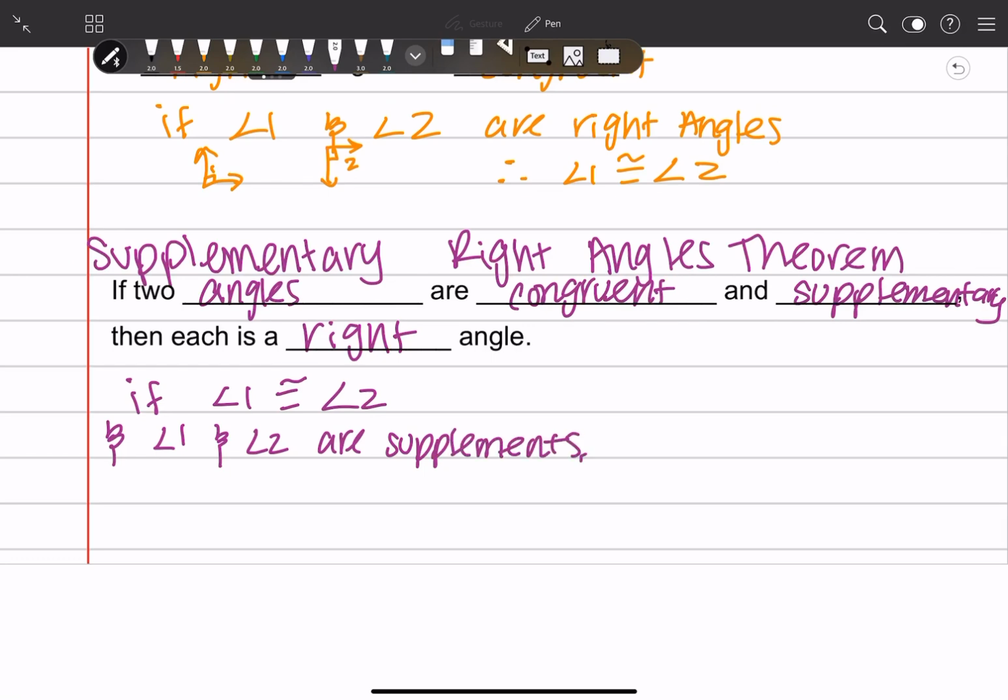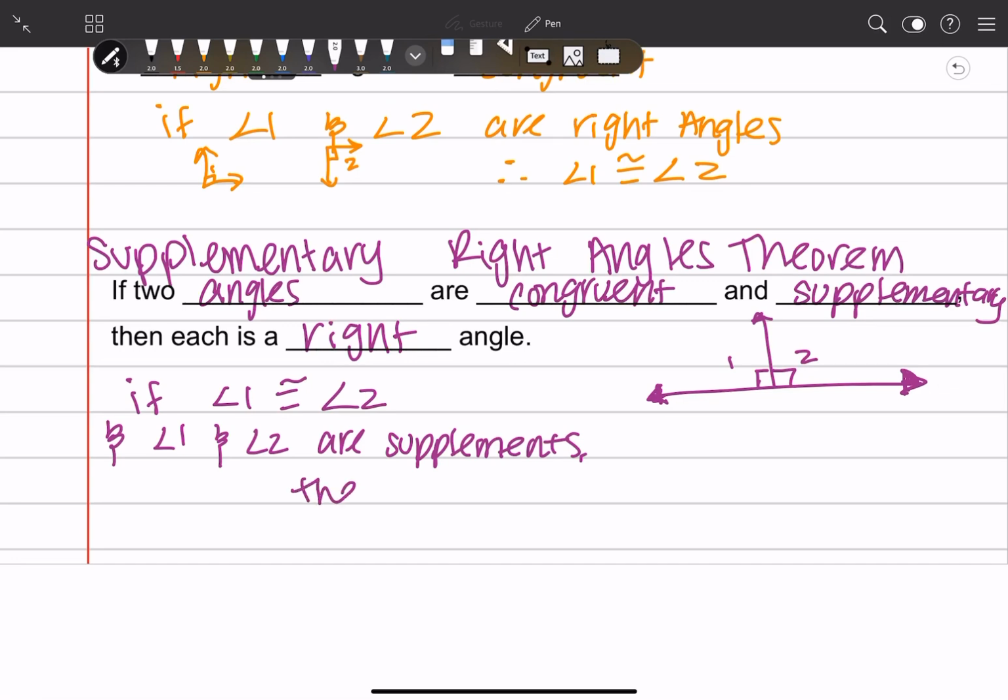So if we're drawing a picture, that means, remember, a supplement means that they're going to add up to be 180. So we're going to draw a straight line or a straight angle. And they're being congruent, which means we're splitting that 180 into 2. And 180 divided by 2 is 90, which means both of them are going to be right angles.